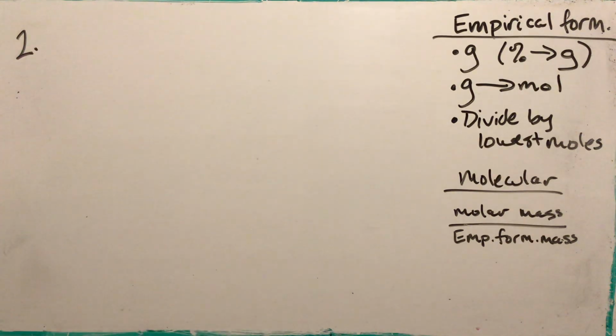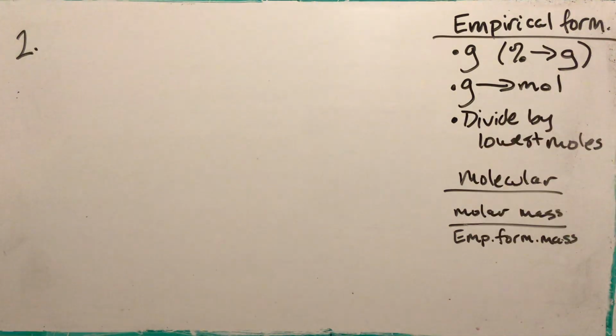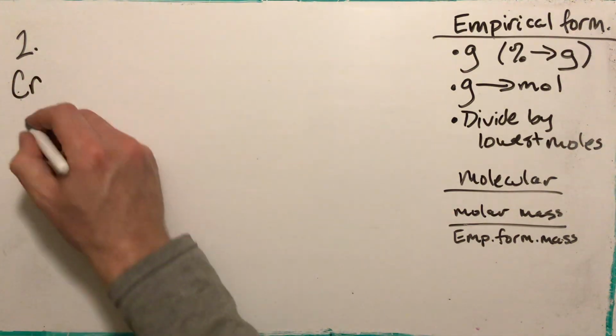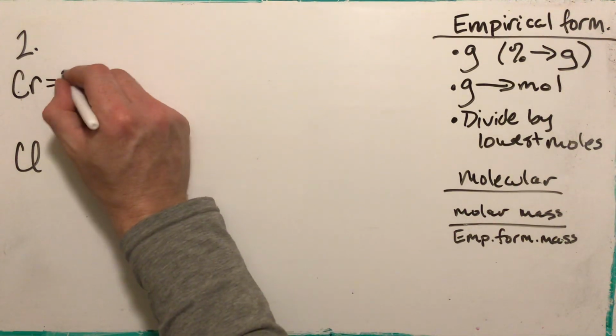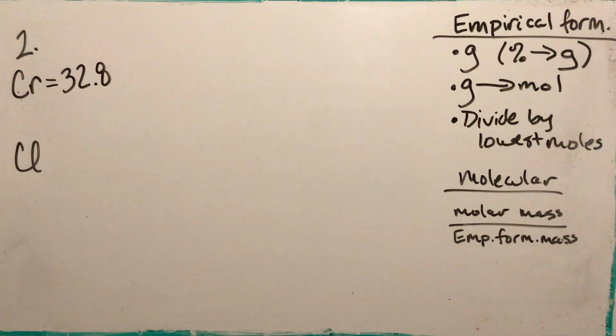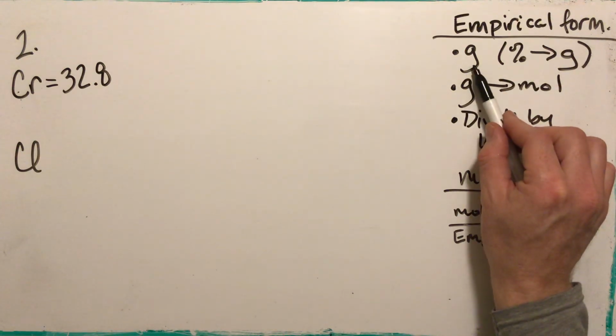Number 2 was one of the ones that started off with a percent. So we have to change those into grams. So we had chromium, Cr, and we had chlorine, Cl, and chromium was 32.8%. But I'm going to assume 100 grams, so that gets me started with my mass in grams.